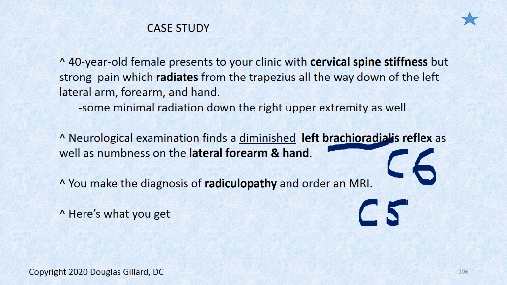All right. By the way, because of these positive neurological findings, she had some numbness in her left hand and left lateral forearm, musculocutaneous, or the lateral femoral cutaneous. Lateral antebrachial cutaneous nerve, which does not come off the brachial plexus like the medial antebrachial cutaneous and the medial brachial cutaneous. They come right off the brachial plexus.